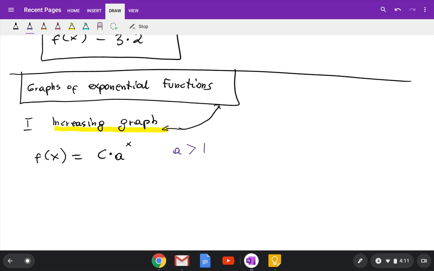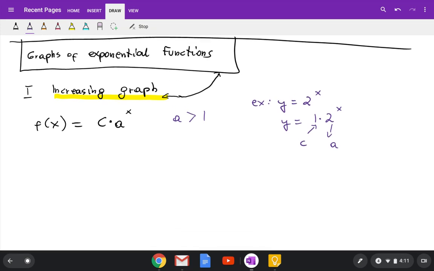An example of an increasing exponential function is y equals 2 to the power of x, which you can always write as 1 times 2 to the power of x. So you see exactly that c is equal to 1 and the base is equal to a. And like you see, a is greater than 1, so this graph will be increasing.